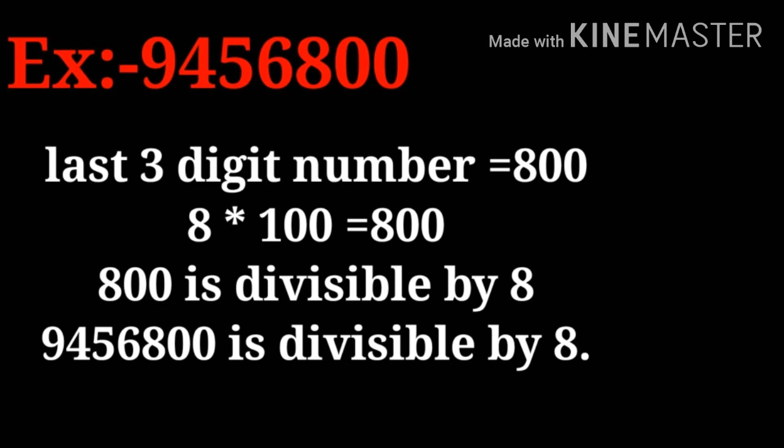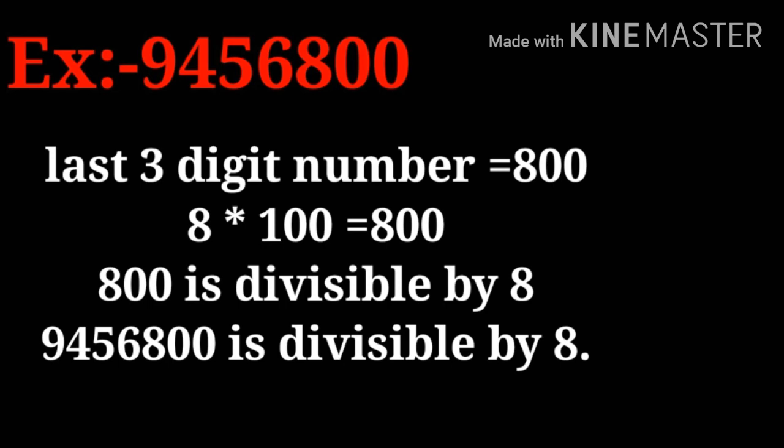Let us take one more example which has more than 3 digits. See the example. 9456800. Check whether the given number is divisible by 8 or not. To check this, first we have to take the last 3 digits of the given number.